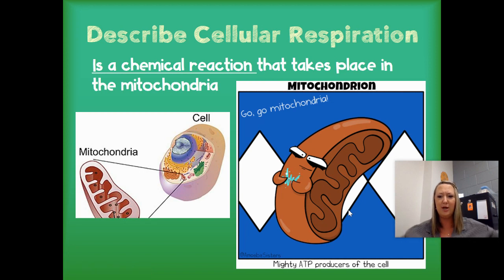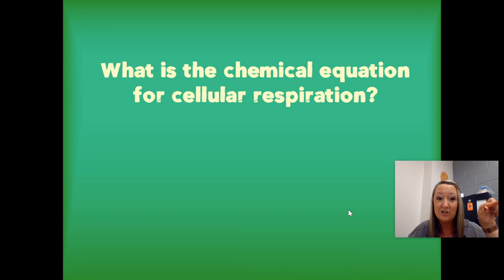Remember, mitochondria, the powerhouse of the cell, are producing all of this energy on a cellular level that your cells can use to fuel division, you growing taller, you learning something new, connecting new neurons in your brain, right? All of this happens on that cellular level because mitochondria are changing that glucose into an energy form that the cells can use, okay? It's a chemical reaction, which means it has a chemical equation.